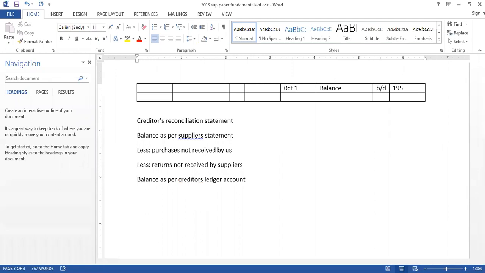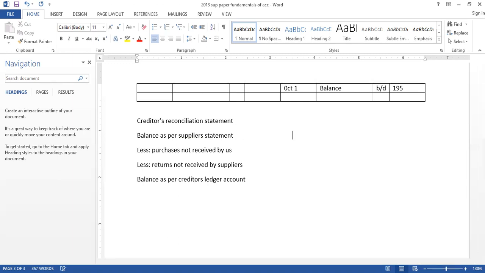This format was taken from the slides that I sent on the group, the slides on the reconciliation statement of our ledgers, lesson 6. So you have a balance as per supplier statement.